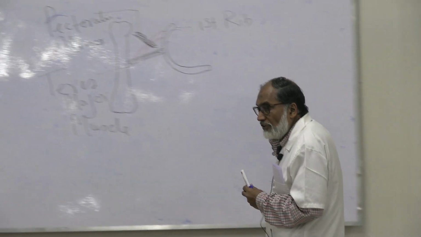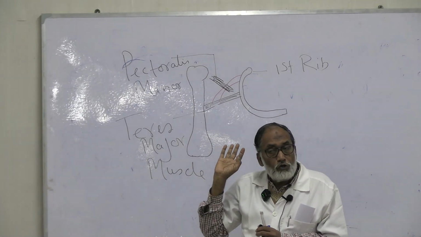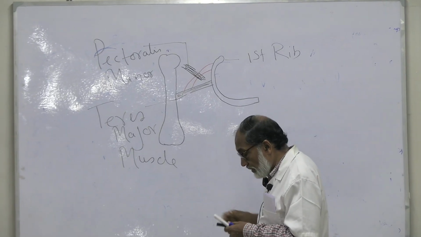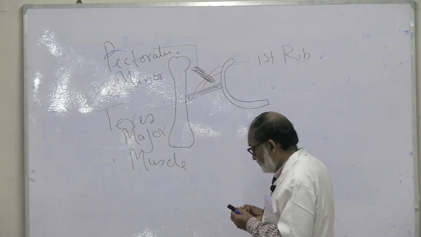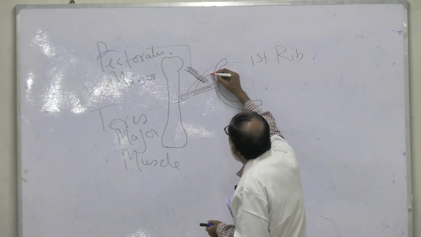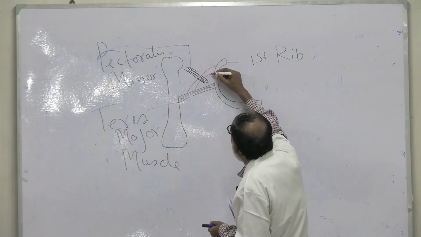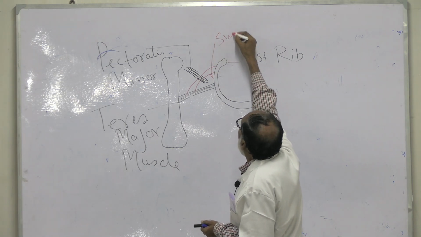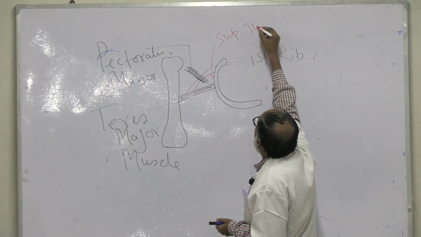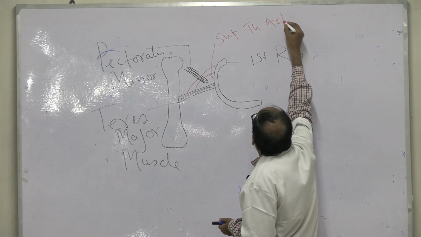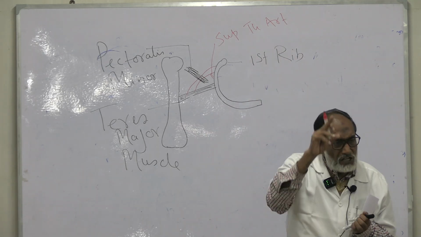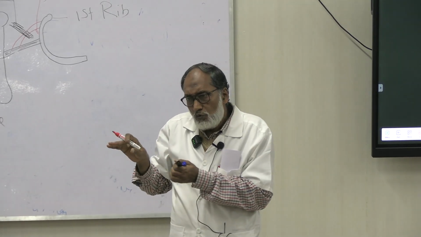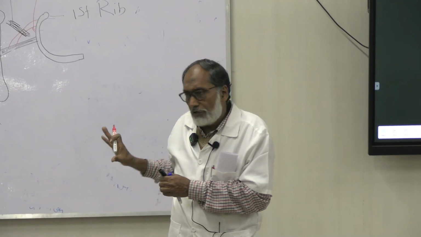The first part gives off one branch, that is the superior thoracic artery. This artery will give branches to the first and second intercostal spaces.